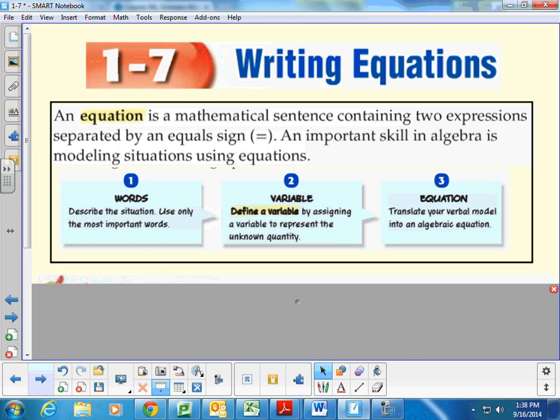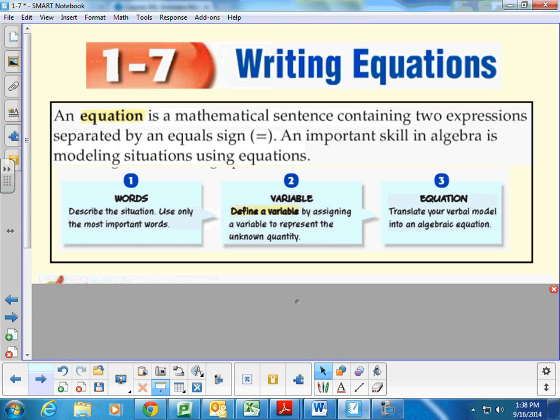Step 2 is defining the variable. You're going to need to be able to do this and show what your variable represents. And you'll assign a variable to represent an unknown quantity. So say I was looking for the total amount of something. I may pick T, or I may pick A to represent what I don't know. For an equation, you're going to translate your verbal model into an algebraic equation.